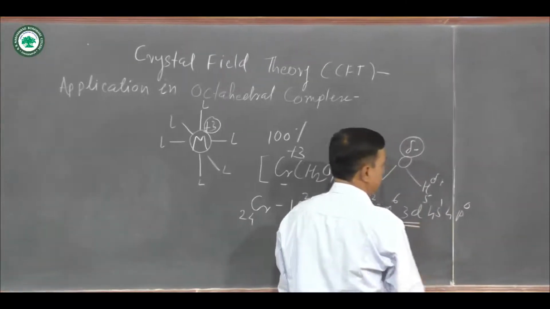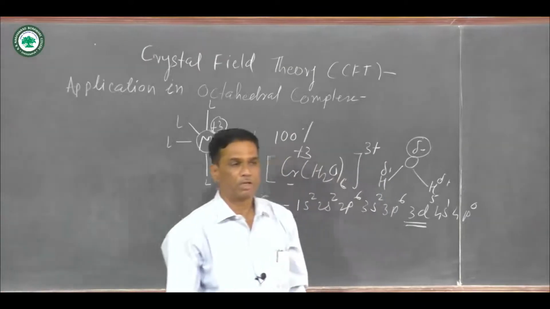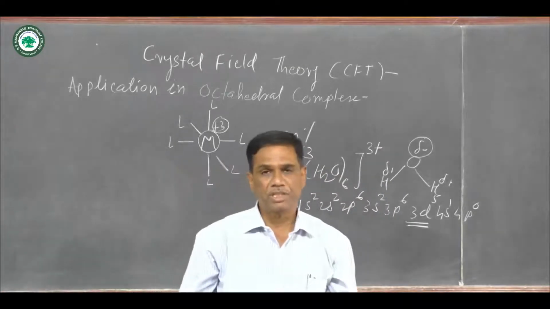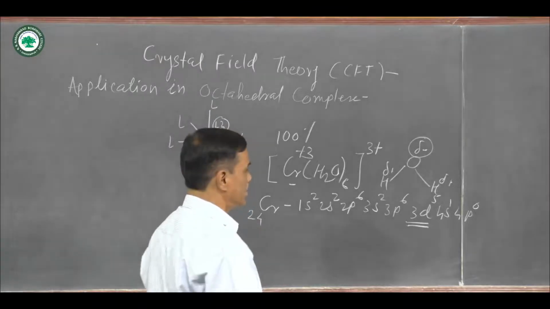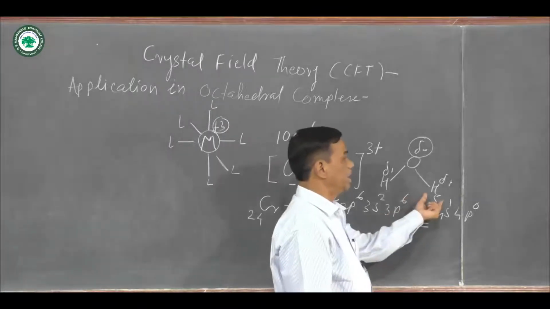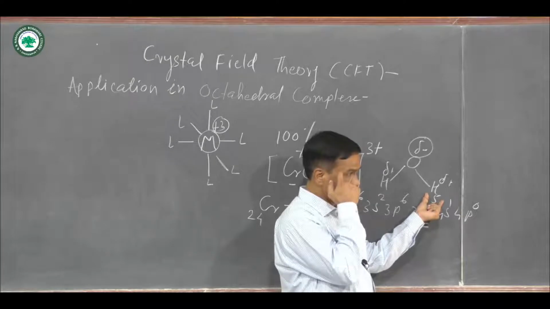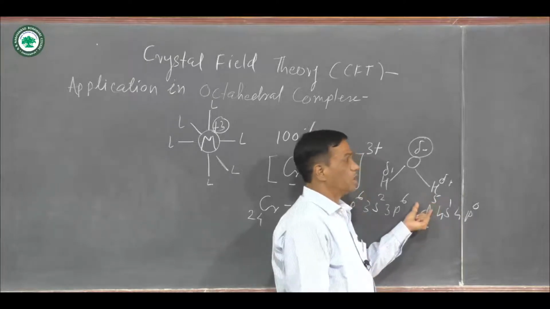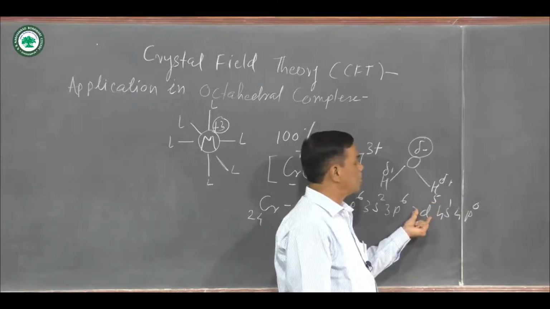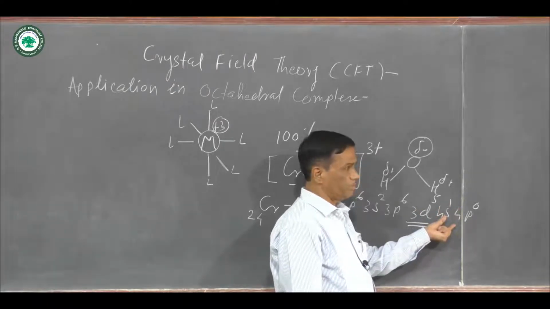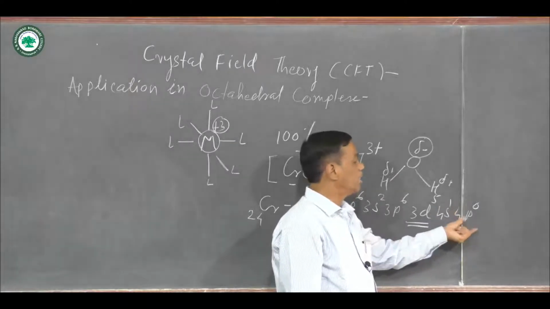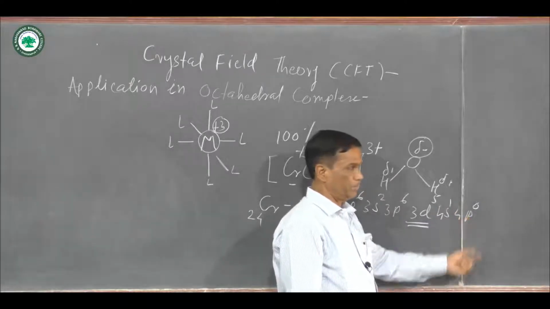In chromium and copper there is an exception in electronic configuration in the d orbital. In place of 4 electrons in the 3d orbital, there are 5 electrons, and in place of 2 electrons in the 4s orbital, there is only 1 electron, that is 4s1, and the 4p orbital is empty.